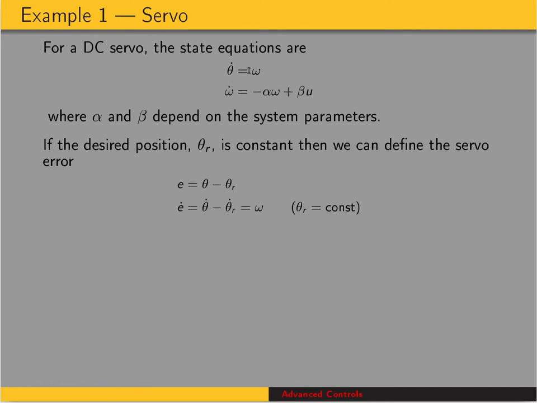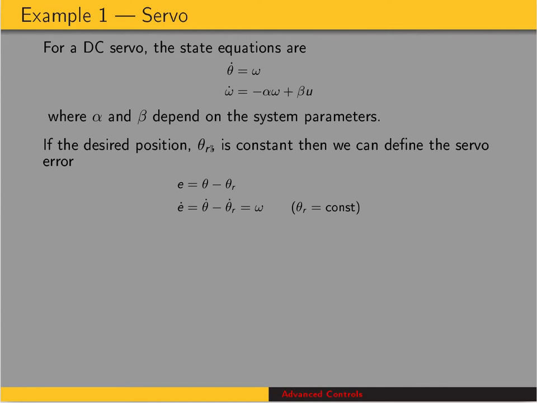Now, our controller is going to drive the state to 0, so we want to change these variables. Also, since we have a servo, we want to get the position to theta sub r, the desired position. So this is our reference position.